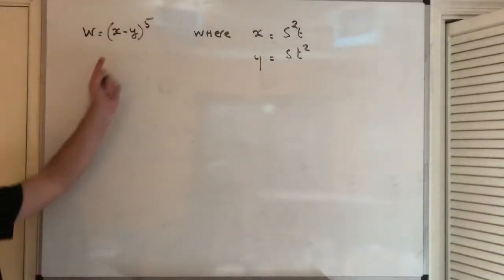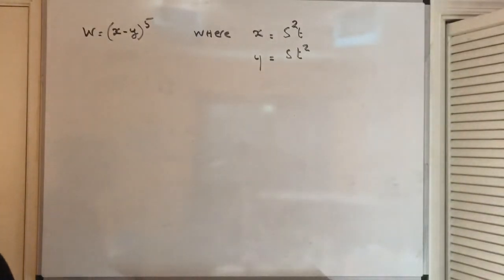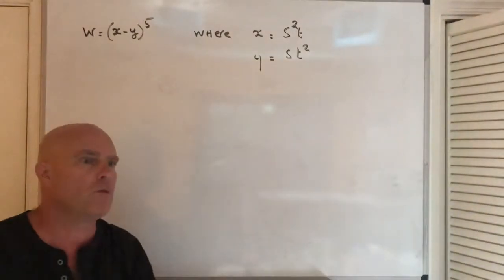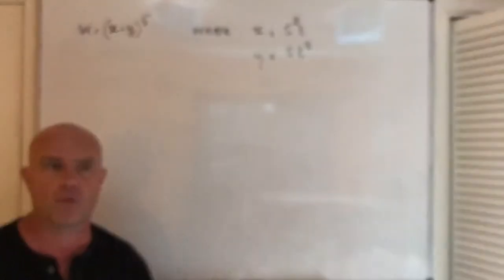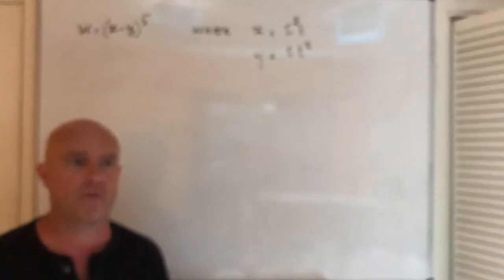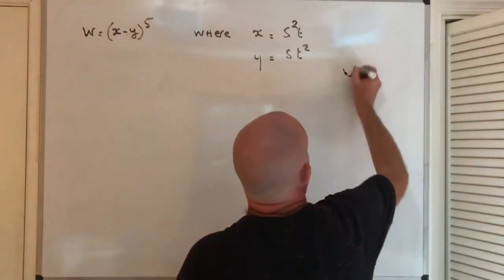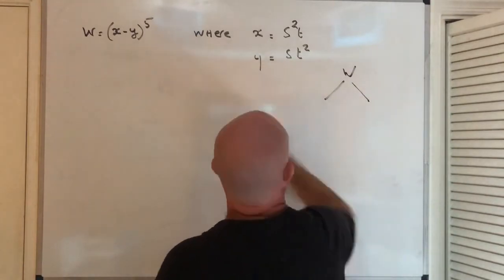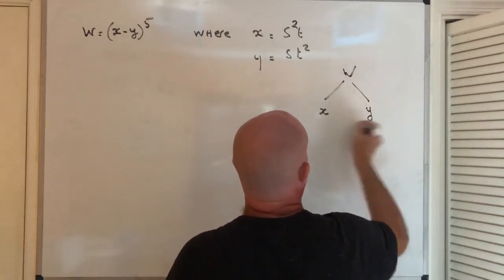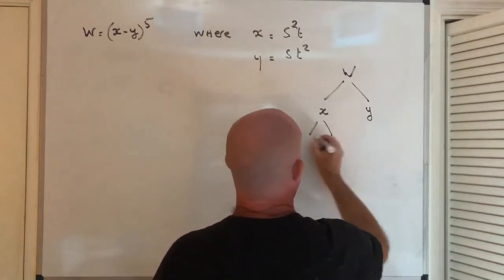So here the final output w depends upon only two variables, but if you know how to do it with three variables, of course you know how to do this with two. It's even easier. So the tree looks like this. w depends upon only two variables. Those two variables depend upon s and t each.